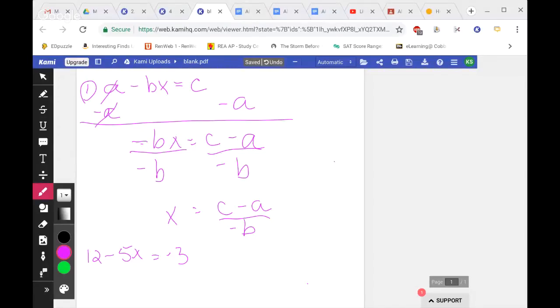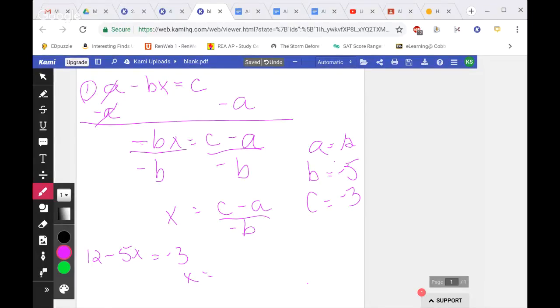So 12 is our A, -3 is our C. A lot of times what's helpful when you're asked to do something like this is to write A equals 12, B equals -5, and C equals -3. That might make it a little easier. You know what I'm saying? To go ahead and write down your values.